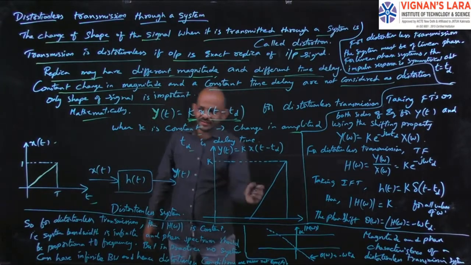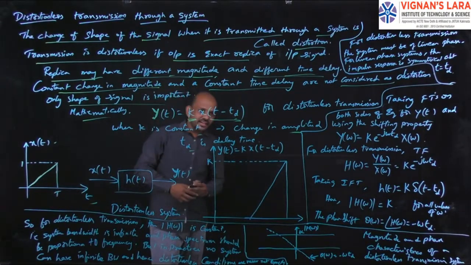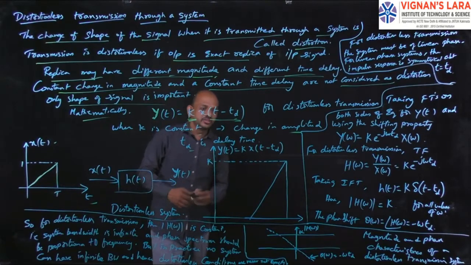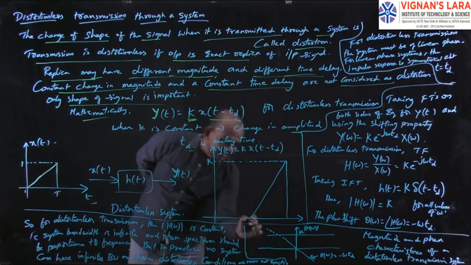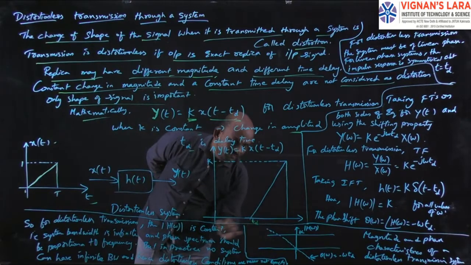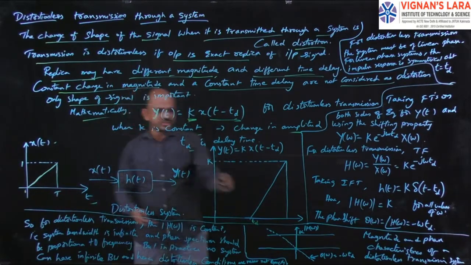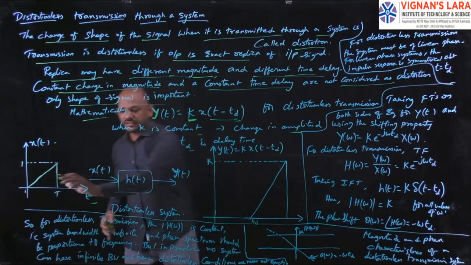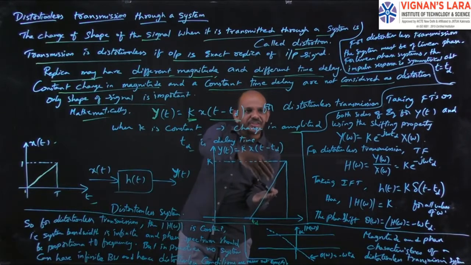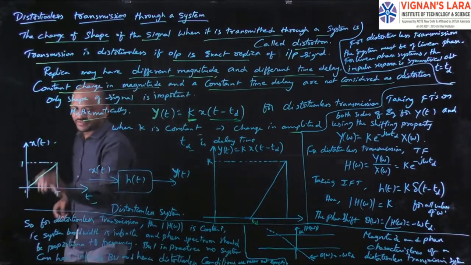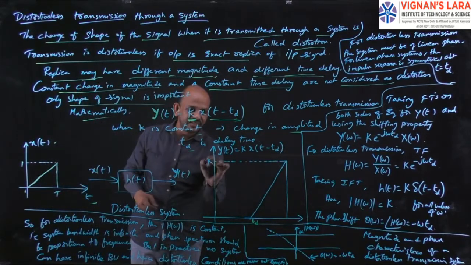See here, there is a delay. Instead of starting at 0, it is starting at some td. The shape is the same, but the amplitude, that is the magnitude, is increased. Here it was 1, and it is increased by k times, hence I wrote it as k.